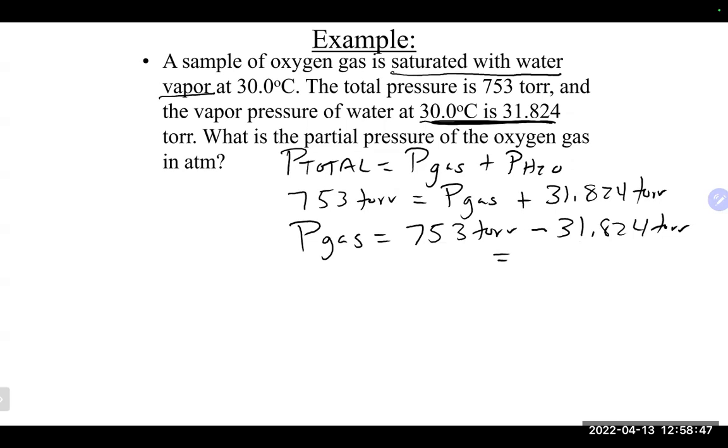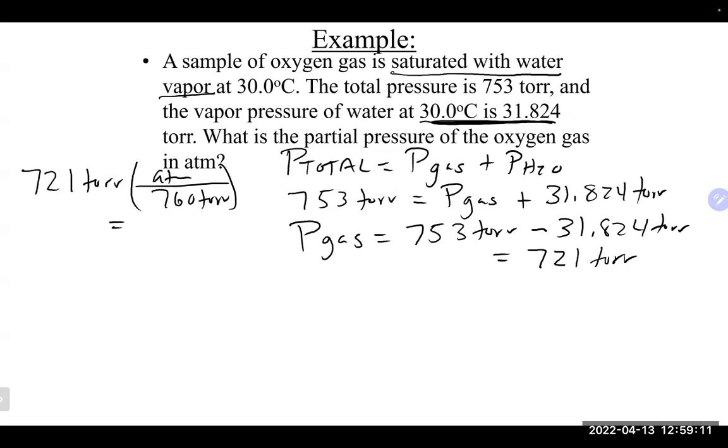And if we did that, we would end up with 753 minus 31.824 gets us approximately 721 torr. They do want it in atmospheres, so to convert torr into atmospheres, we divide by 760. And that gives us 0.949 atmospheres.